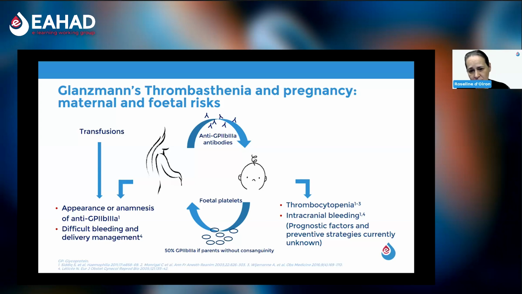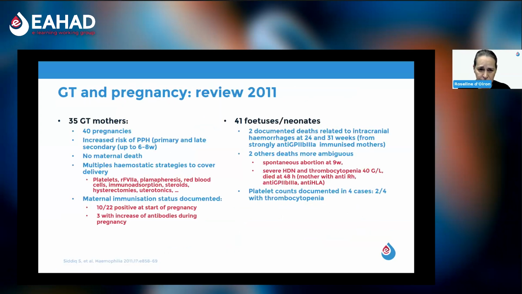The preventive strategies in order to avoid this problem are currently not related to very strong data, but maybe some strategies that may try to limit the risk of thrombocytopenia and bleeding can potentially be proposed.